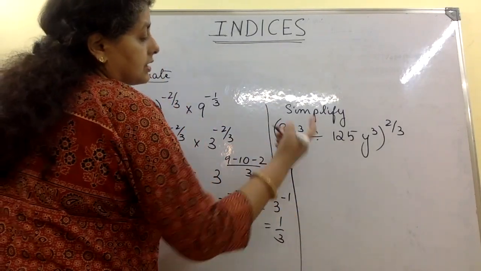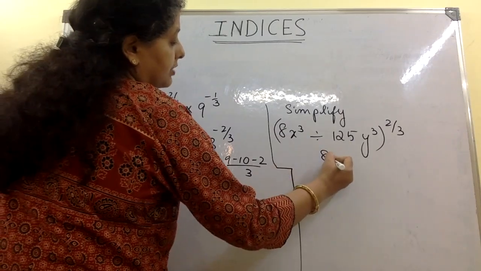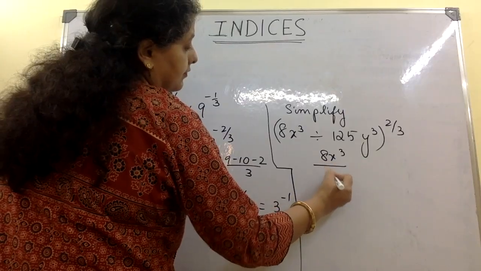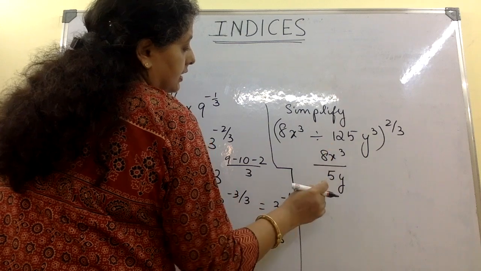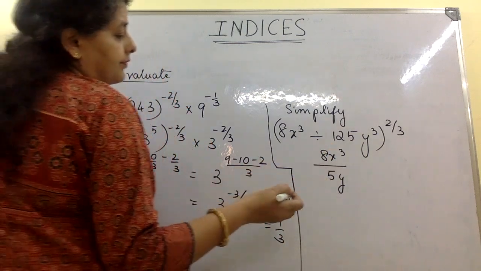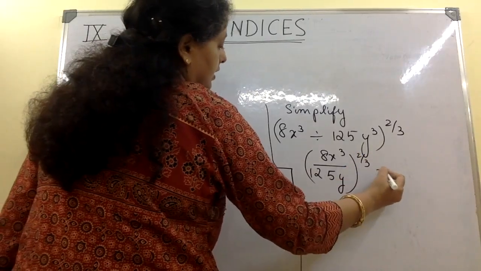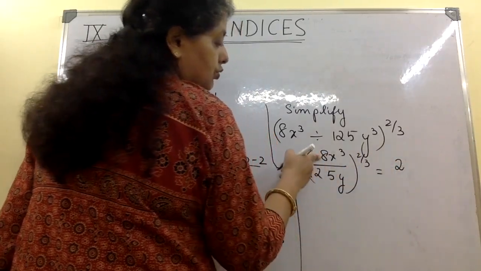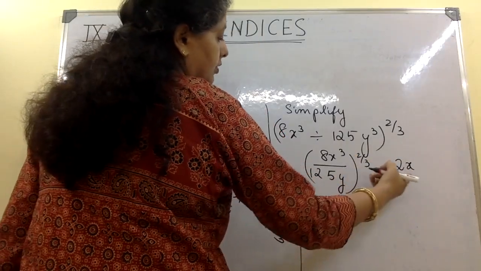Next question is, we just have to simplify this: 8x cube by 125y cube, whole to the power 2 by 3. This can be written as 2 cube x cube over 5 cube y cube, to the power 2 by 3.